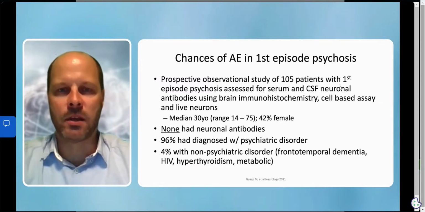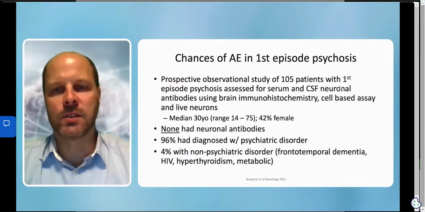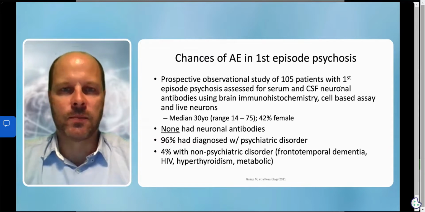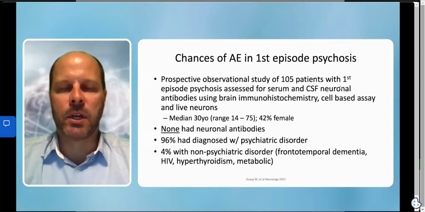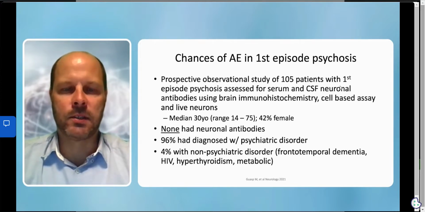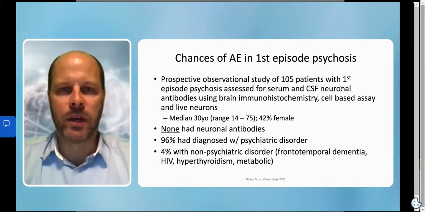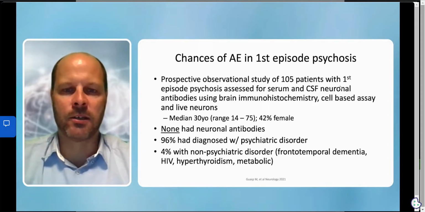So this study was done by the Dalmau group, and they did a prospective observational study of 105 patients with a first episode of psychosis, and they assessed all of them for serum and CSF neuronal antibodies with several different techniques, including brain immunohistochemistry, cell-based assay, and live neurons. This was predominantly an adult study with a median age of 30, but it did include adolescents with a range of ages from 14 to 75. So our patient would have at least entered based on age criteria here, and 42% of this cohort were female.